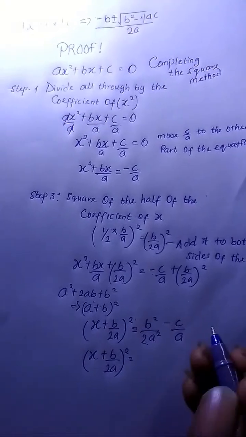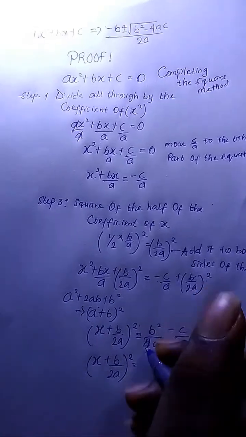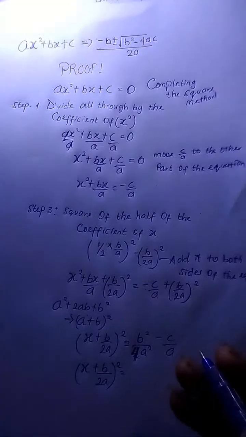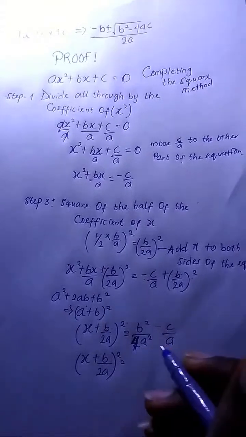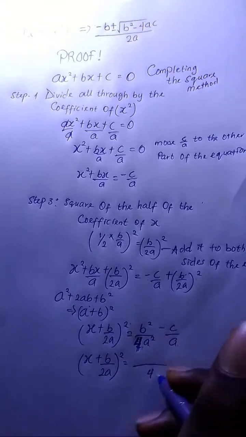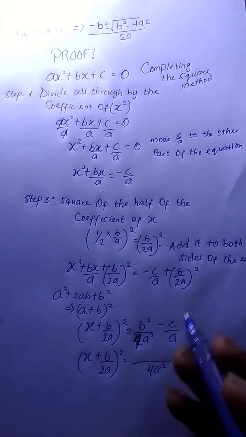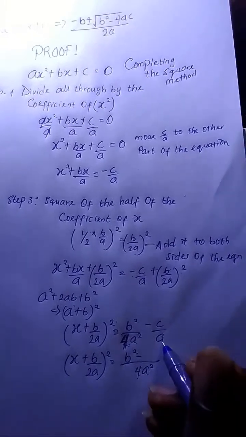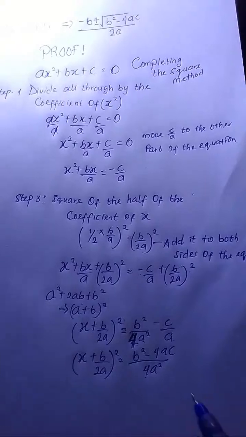The square of 2a is 4a squared. So the LCM of 4a squared and a is 4a squared. 4a squared divided by 4a squared is 1, and 1 times b squared gives us b squared. Minus 4a squared divided by a is 4a, and 4a times c is 4ac.